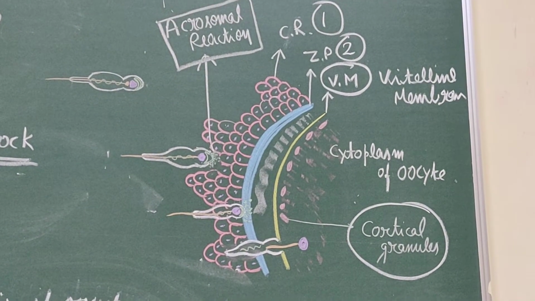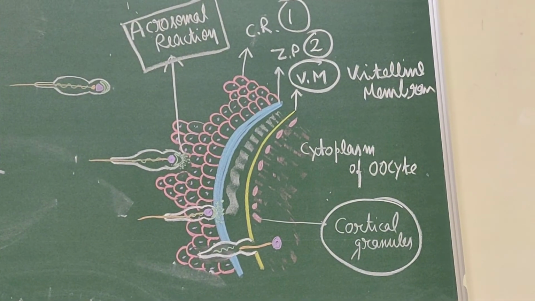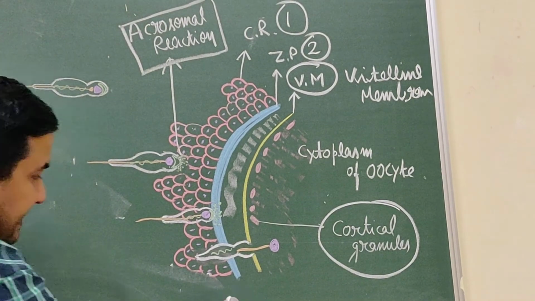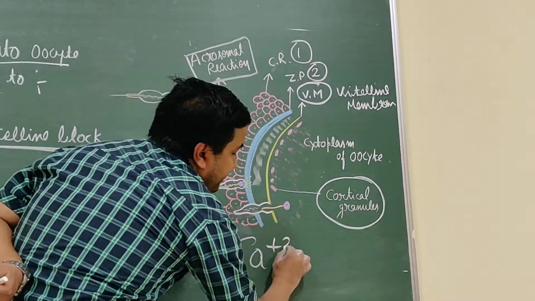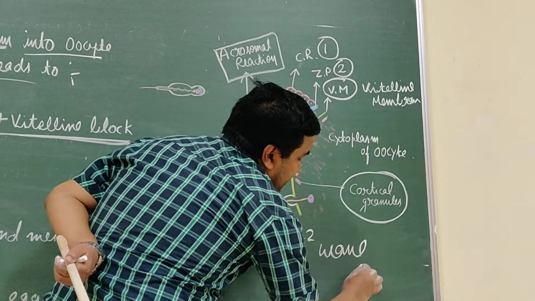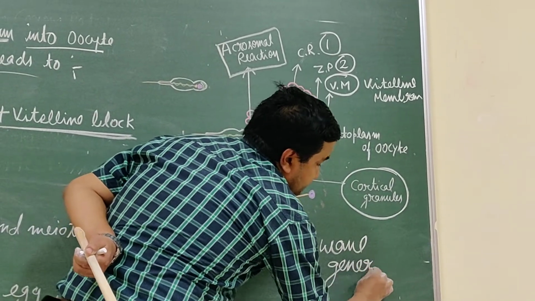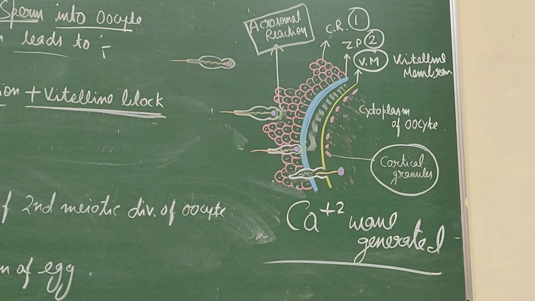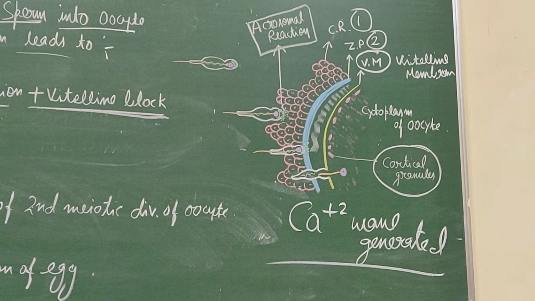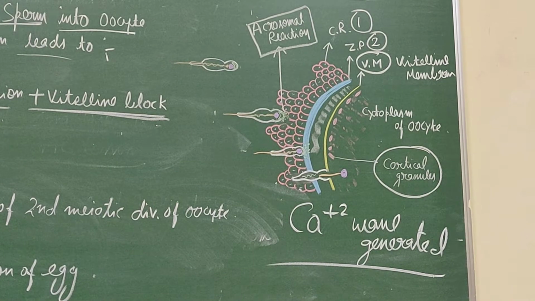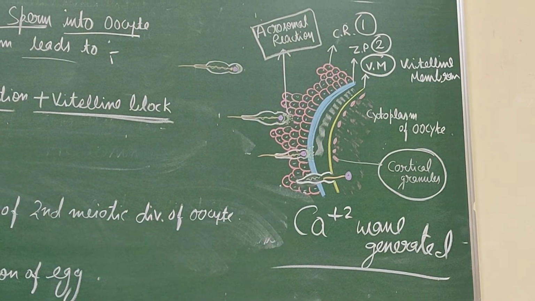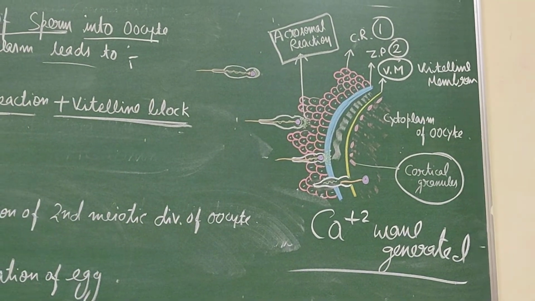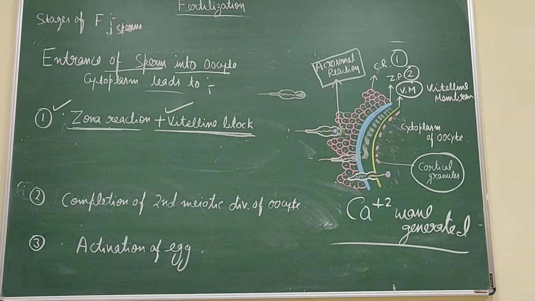These enzymes are lysosomal enzymes, and as a result there is a calcium wave generated in the cytoplasm of the oocyte. And these enzymes and this wave result in the zona reaction and the vitelline block.